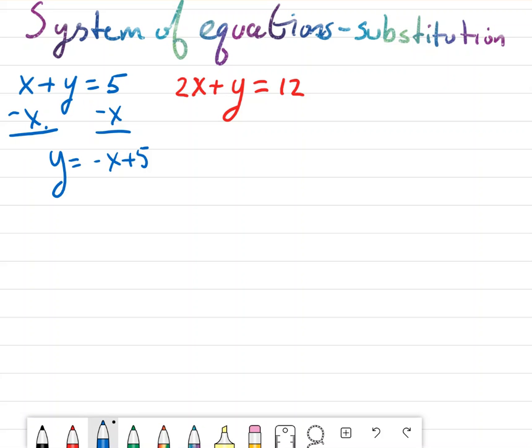Now you'll notice in this other equation, right here I have 2x plus y. You'll notice over here I have a y.